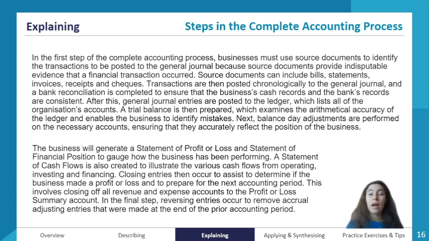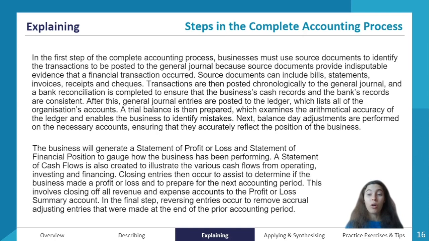So instead of just saying the first step is to complete the transactions in the General Journal, we are providing more information than that. We're mentioning source documents. We're mentioning why source documents are used. And then in the next sentence, we mention some examples of source documents: bills, statements, invoices, receipts, and checks.